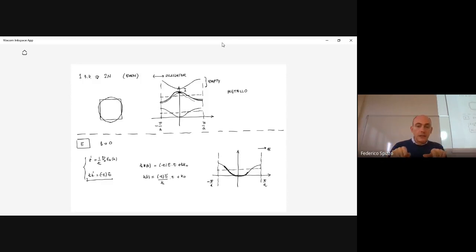But in this case, if you have a translation of the crystal momenta to the left, you have no more this even occupation of the levels. So you have more electrons with the velocity that is, let's say, negative in this picture, and a smaller number of electrons that have a velocity that is positive in this diagram.